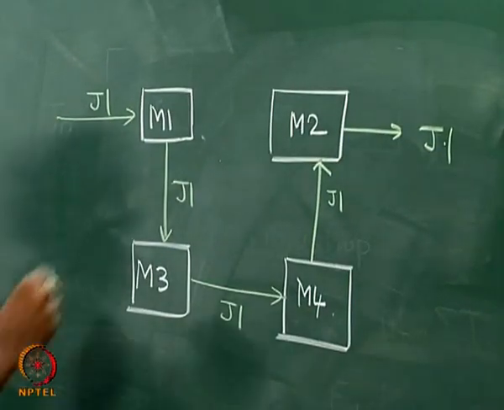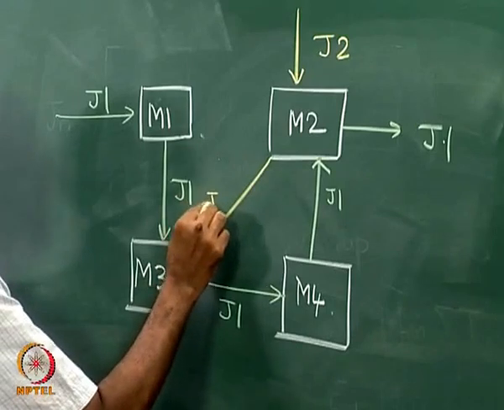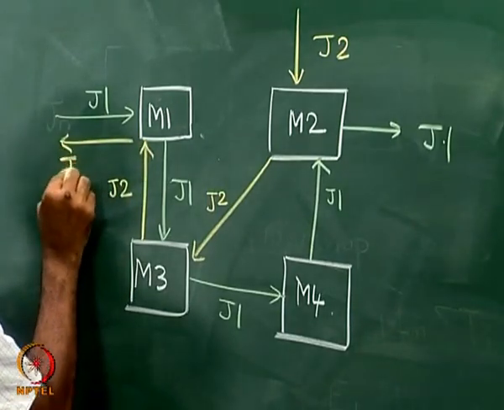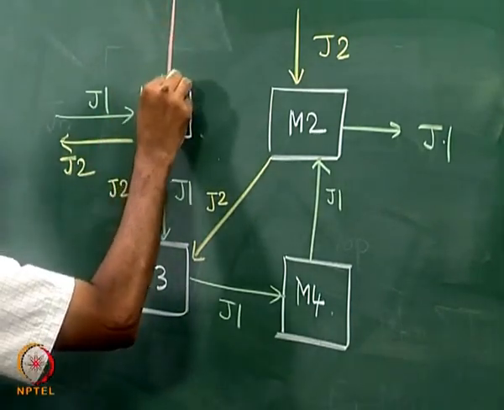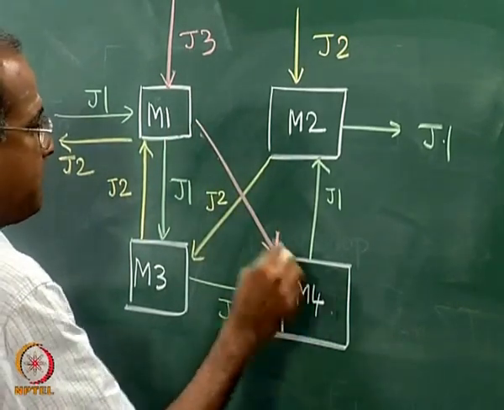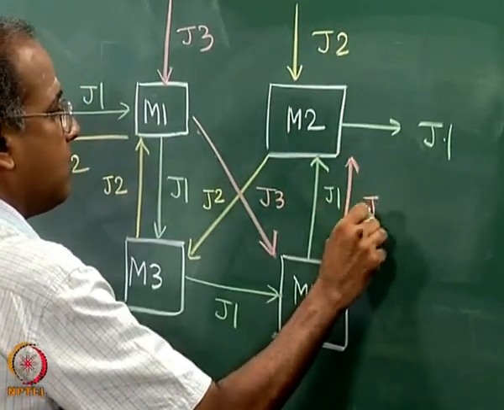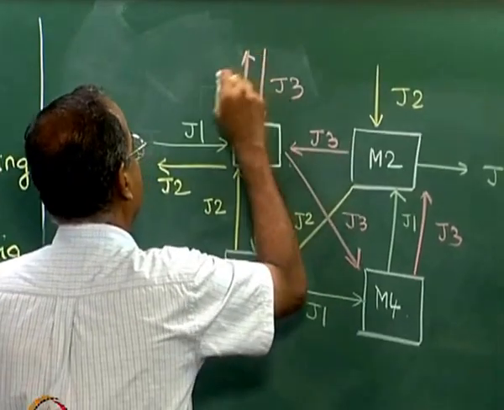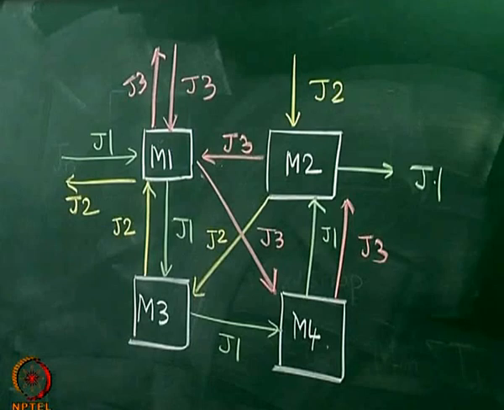You could have job 2 that starts with M2, from there it may go to M3, from there it may go to M1, and from there it may leave. You could have a job 3 which starts with M1, from there it may go to M4, it may go to M2, it may go back to M1, and it may leave.